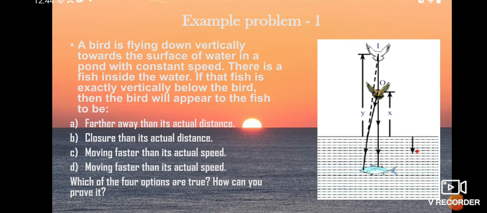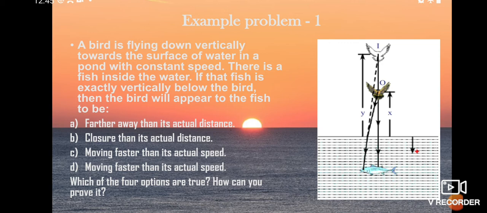Now we have to find where the image of the bird appears to the fish, whether it is an actual image or a virtual image, and whether it is moving in a slow direction or in a fast direction.